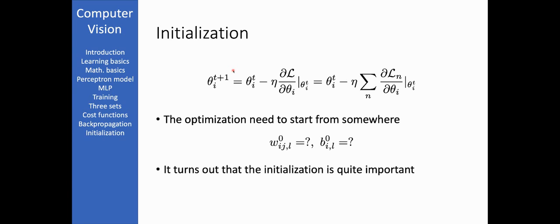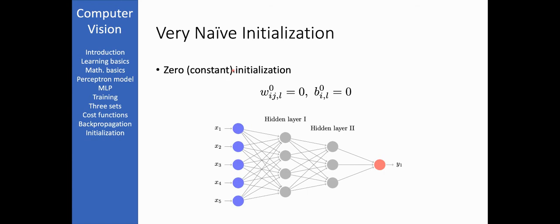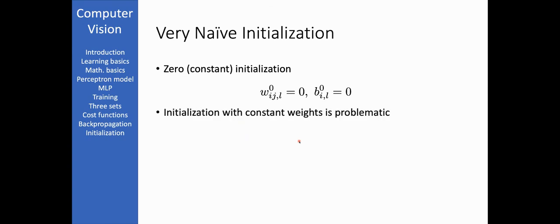It turns out that this initialization, although it looks very simple and unimportant, turns out to be quite important. If I initialize everything with 0, so weights are 0, the biases are 0, I basically create a symmetry in the system. So initialization with constant weight creates a complete symmetry.